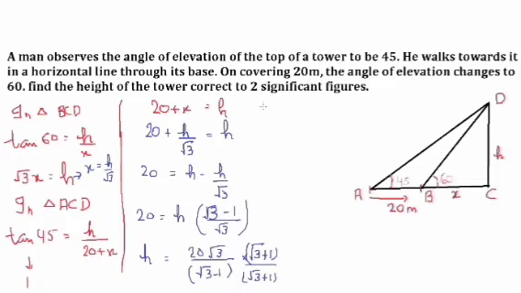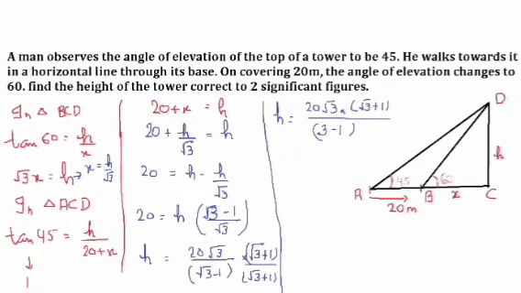So here now we will get h equals to 20 root 3 multiplied with root 3 plus 1, and in the denominator I will have root 3 square minus 1. So root 3 square will be 3 minus 1. Now 3 minus 1 will be 2 basically.